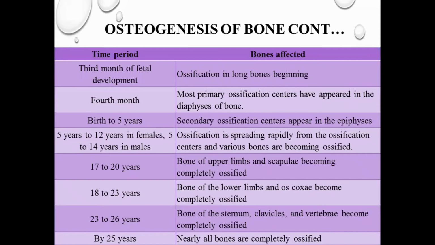In some cases, it is diagnosed only after the fourth or fifth month of pregnancy. At that time, how will the age be calculated? Based upon the circumference of the skull and the length of the femur. So the bone plays a major role in that process. Based upon this size and shape, they have some reference value. They will correlate with the reference value, and the age of the fetus will be fixed. That's why in the third month of fetal development, ossification in the long bone begins.